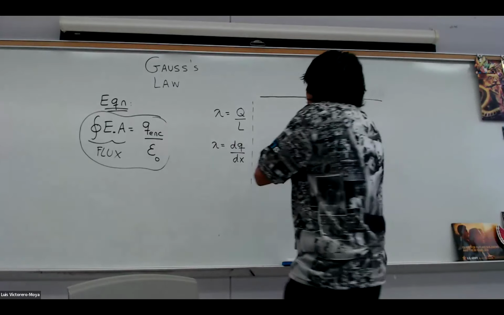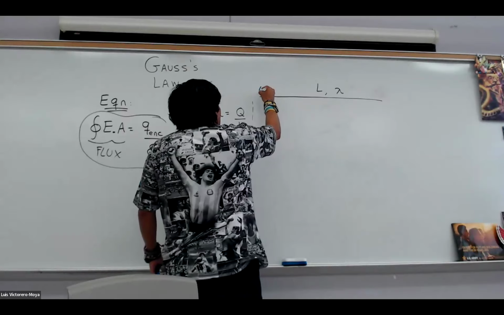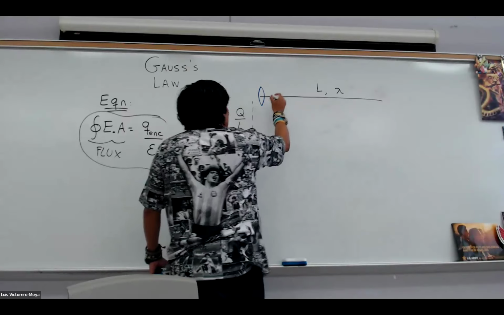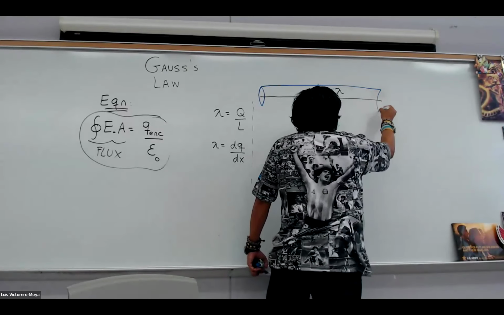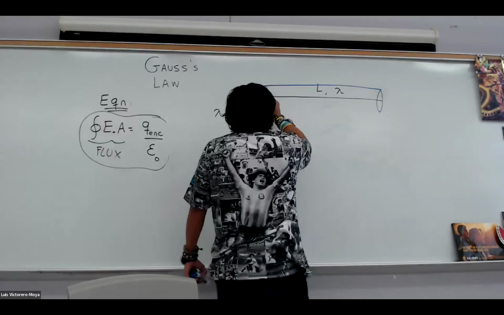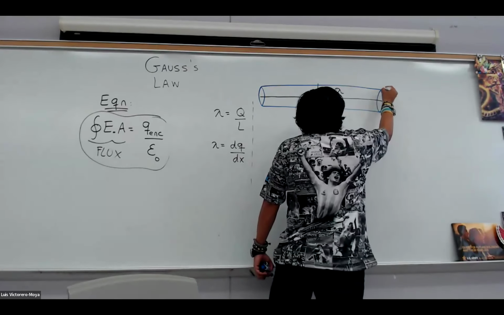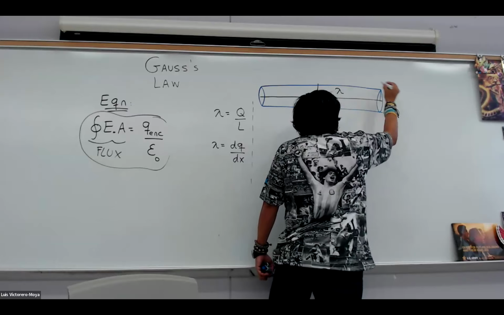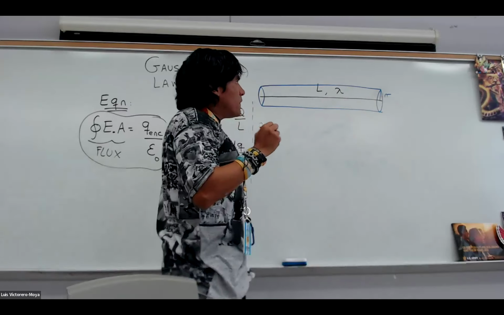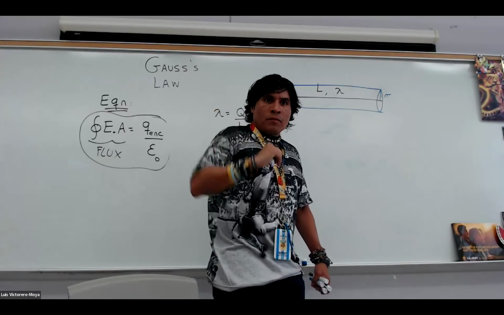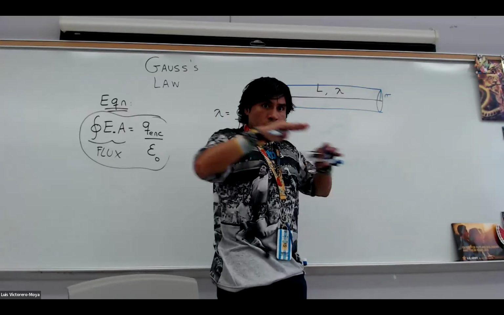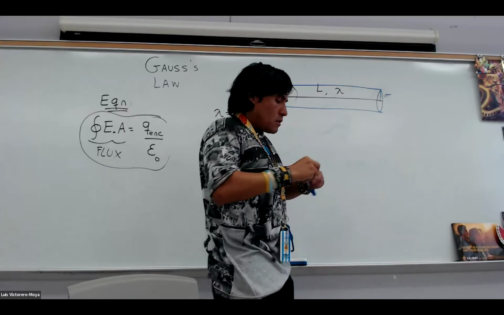So I can enclose my line with a cylinder with radius r. I want to find the electric field at a point at distance r from the line.